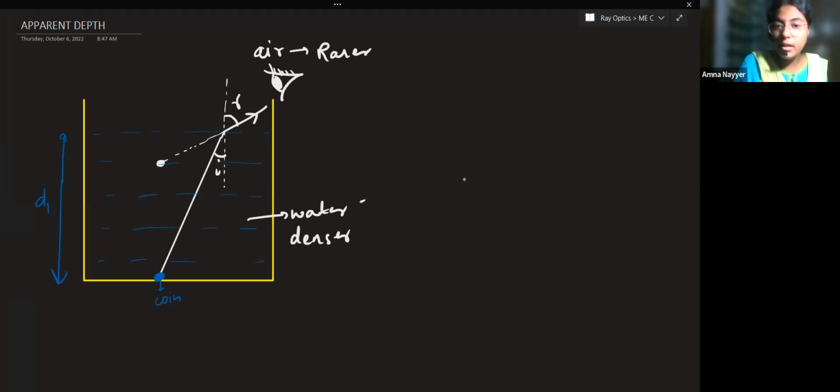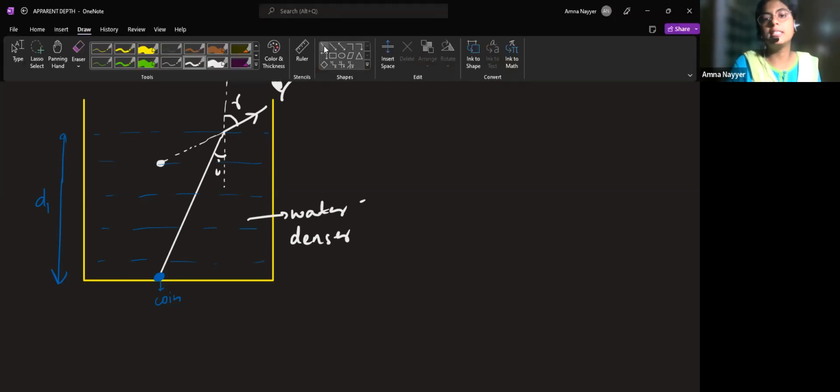So we will be able to see just this line. We won't be able to see this deviated path, right? So that's why the coin appears to be at a different depth than it is actually present. It appears to be shallower. You see the coin at a very different depth. Now, this depth that I'm able to observe, this is known as the apparent depth.